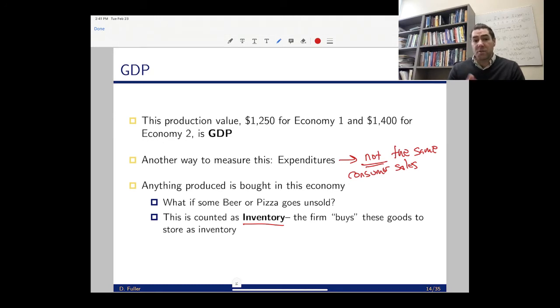And if I understand that part of inventory, then my expenditures definitely have to equal my total production, right? Everything produced has to go somewhere. It's either sold to someone or it's going to be bought by myself as part of inventory. So one thing we have is that my production should equal my total expenditures.